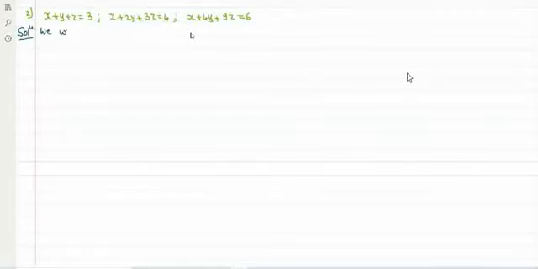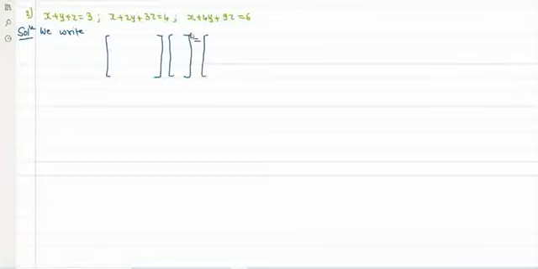We write in the matrix form. First one is a coefficient matrix. Second one is a matrix of unknowns is equal to the constant matrix. Now the unknowns are x, y, z. If x1, x2 are given, then you have to take those as unknowns.